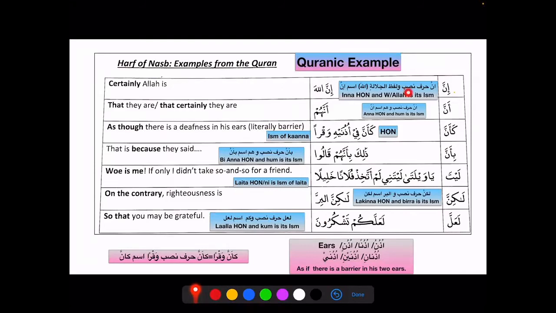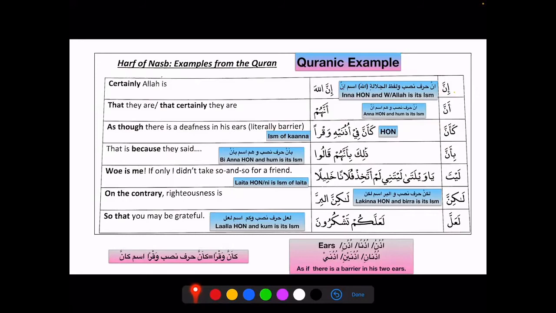Inna harfu nasab wa lafzul jalala, the word Allah, is ismu inna. Okay, if you really wanna feel great, then we need to say it like that. Otherwise, in English, you're gonna say inna harfu nasab, and the word Allah is its ism. Okay, both ways fine with me.